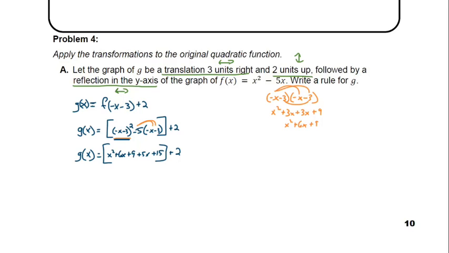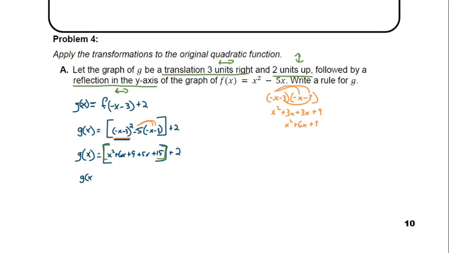Combine my terms. You notice how we're not multiplying the brackets by anything. There's nothing to distribute out here. So I'm going to go ahead and just drop the brackets at this point, and just start combining terms.